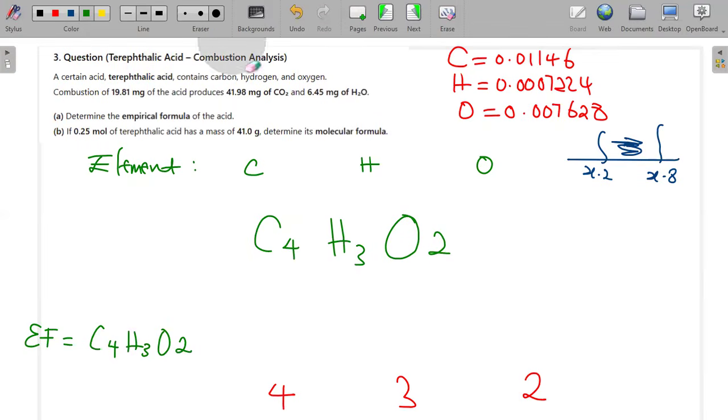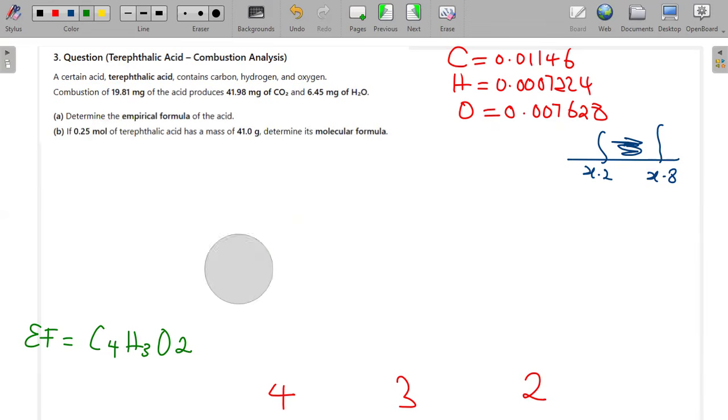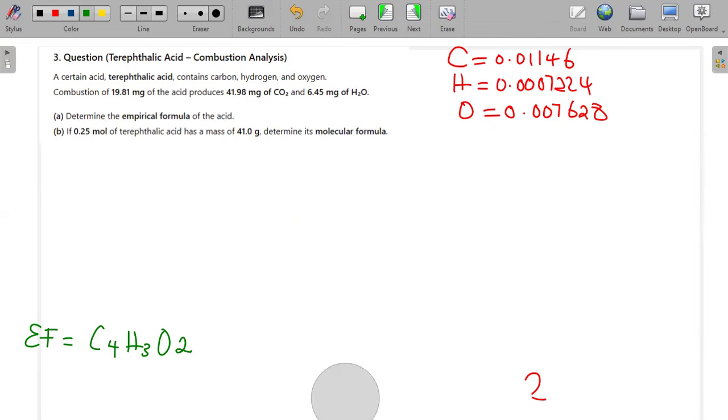So we're done with that. We found the empirical formula. The next thing is to find the molecular formula. For the molecular formula, we need that factor. First, I'll find the empirical formula mass.